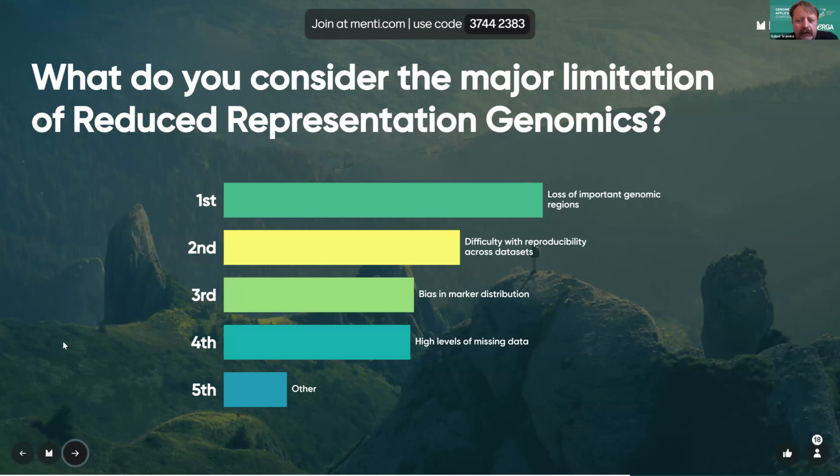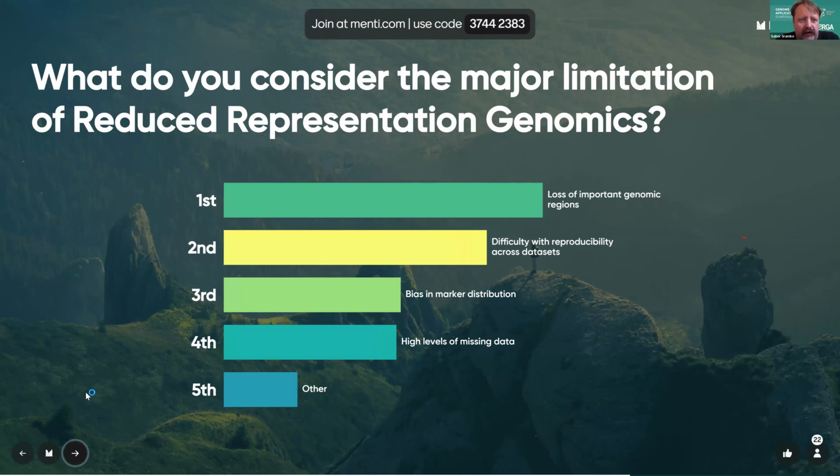Yeah, it's interesting. Most of you are thinking a lot of important genomic regions are lost because there was a very fierce argument between those who were pro and against RADseq. And the final conclusion was, or actually a lot of researchers were clearly arguing for the representativeness of RADseq.